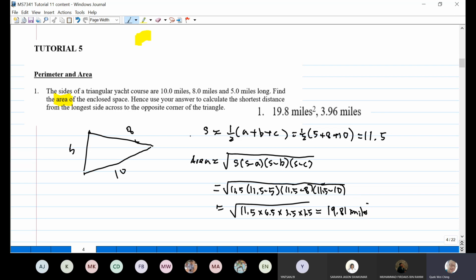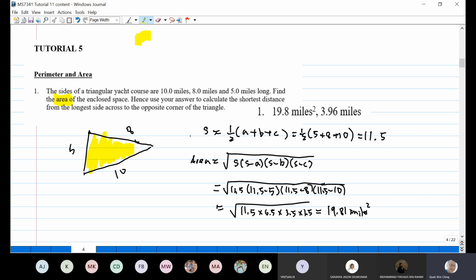The unit is mile square. Right? So that's why 19.8 mile square is the area of the triangle. This is the first part, how to use this formula to find area.